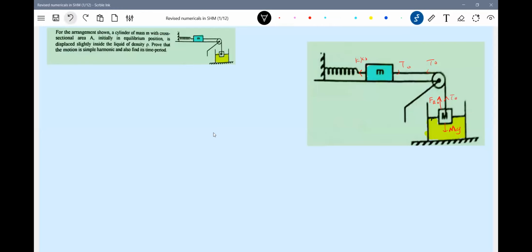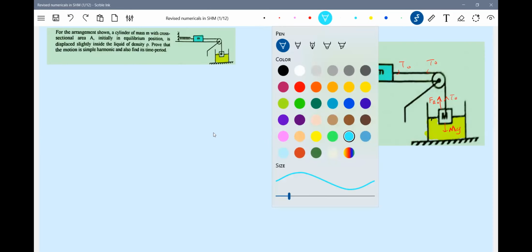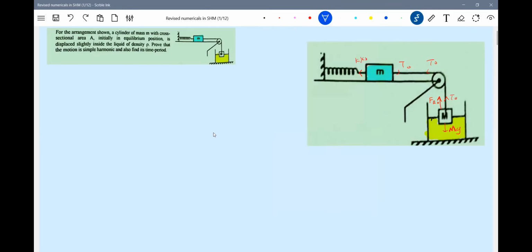Some h length is immersed here. Now for equilibrium, kx naught minus T naught equals 0.